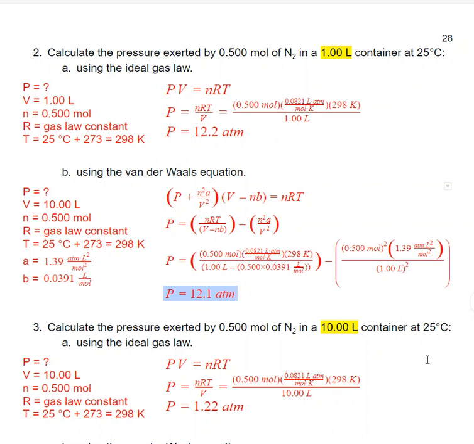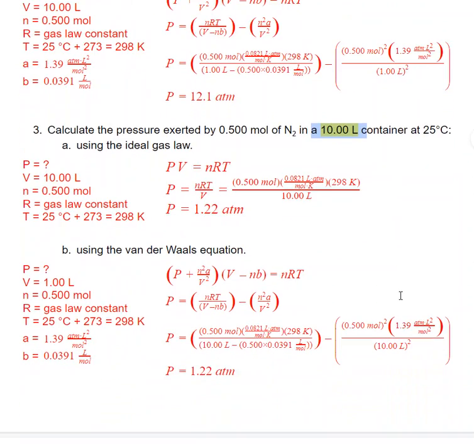Now we're going to do the exact same calculation, but this time with a volume of 10 liters. So when I solve that both ways, I get the same answer. That's because at 10 liters, those intermolecular attractions and the volume of the individual particles have less of an impact because the volume is so much larger.